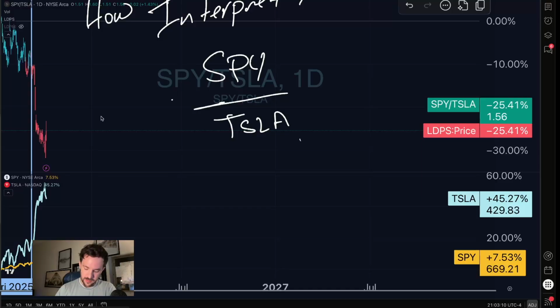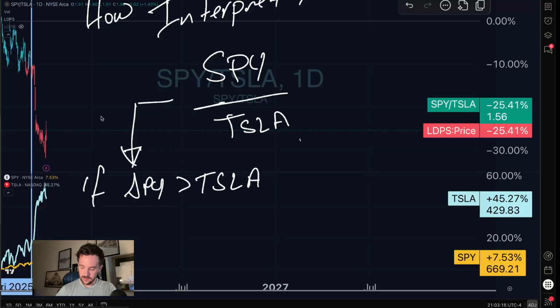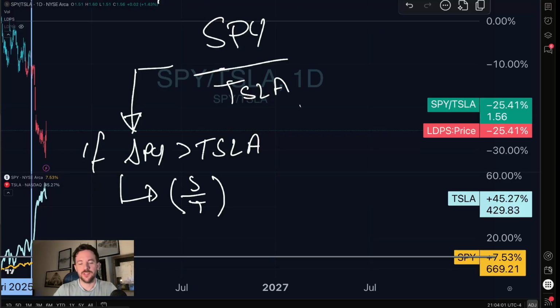So if SPY is going to outperform Tesla, then this fraction with SPY over Tesla, if SPY is going to appreciate more than Tesla, then this value increases.